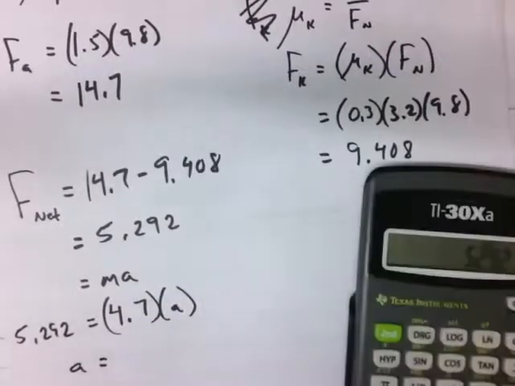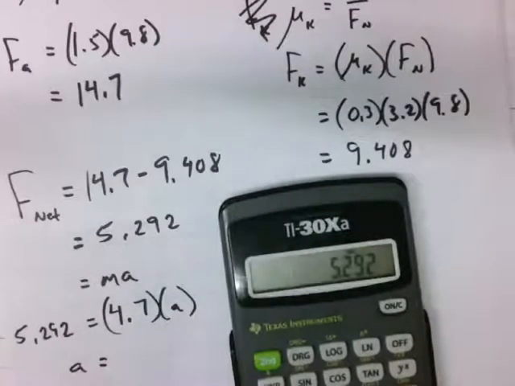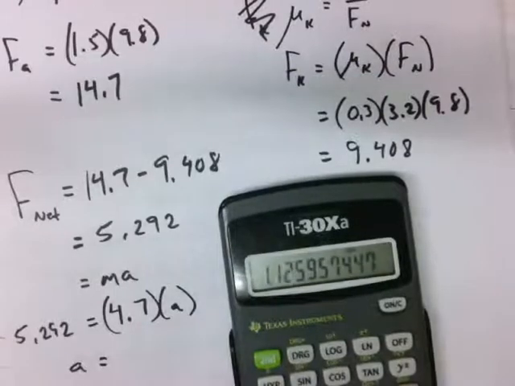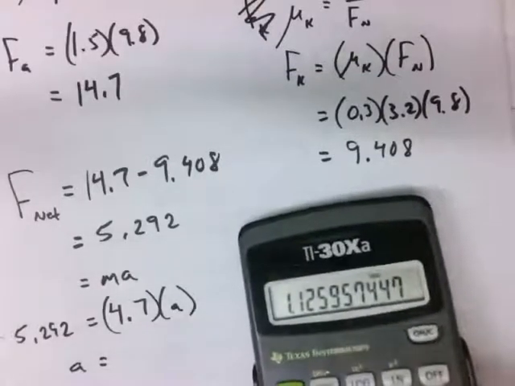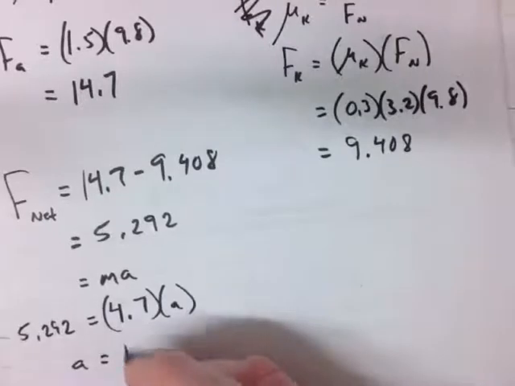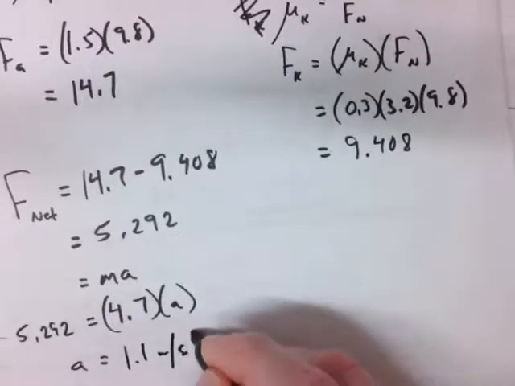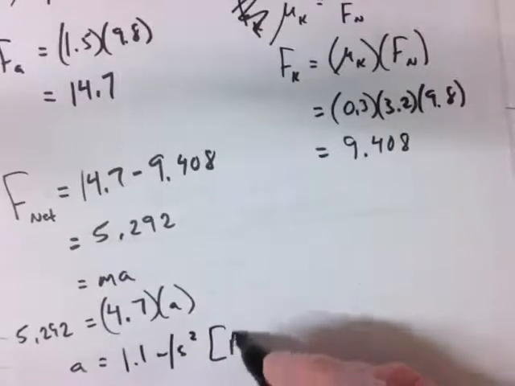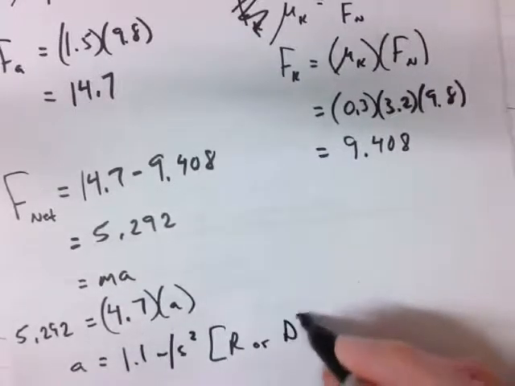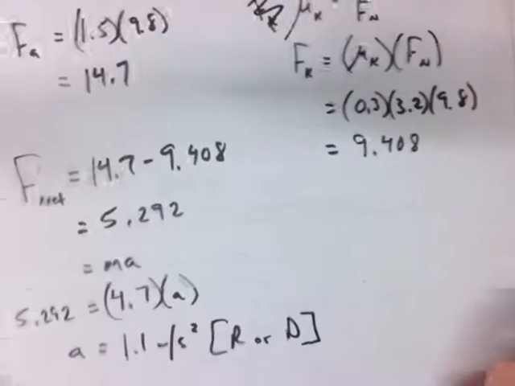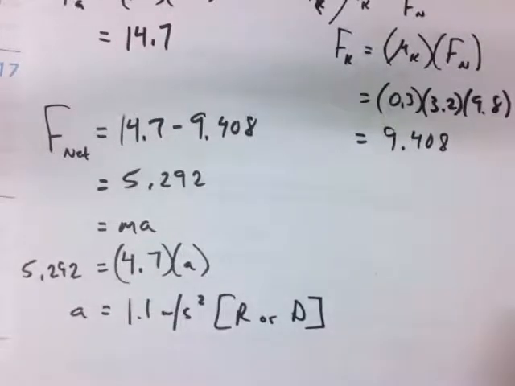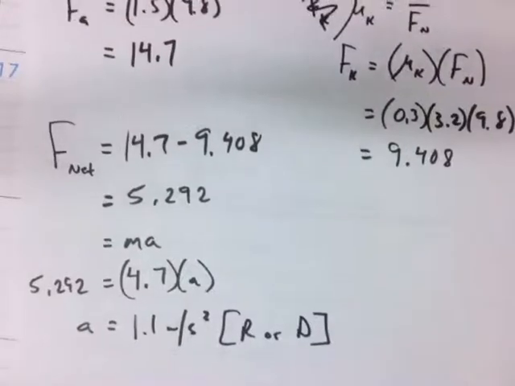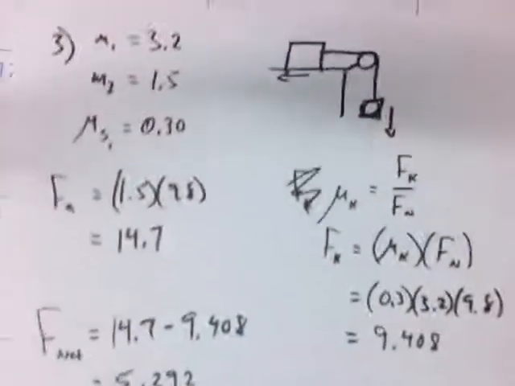The acceleration is 1.1, okay, with sig figs. 1.1 meters per second squared, so it's to the right or down, depending on which object you were talking about. Okay? That's 3A. That's just A, brothers and sisters.